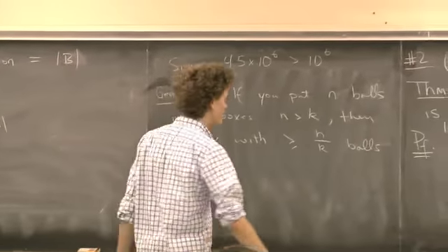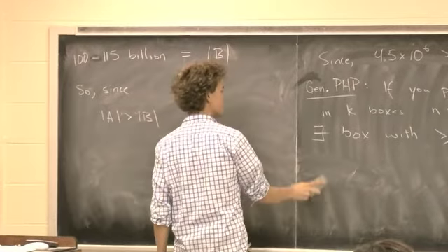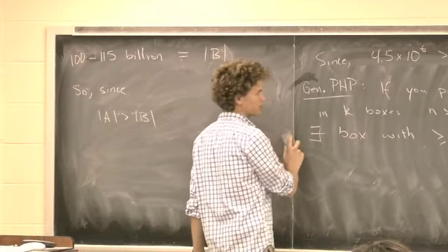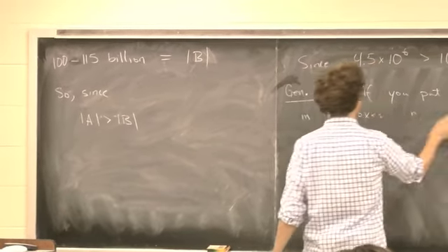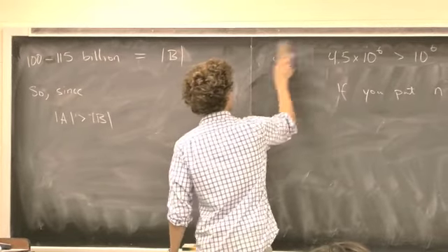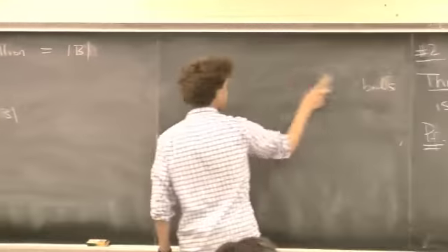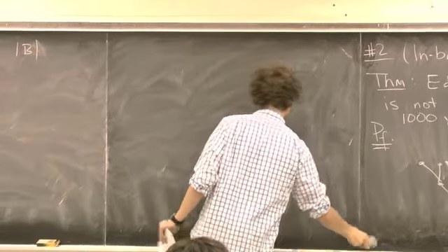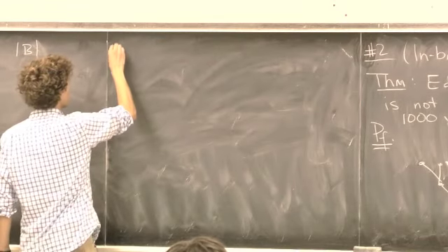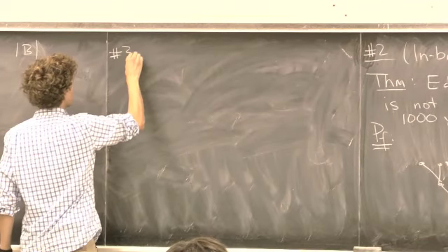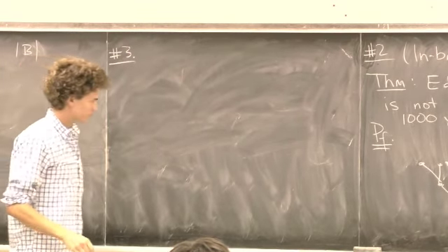Okay, so these were sort of silly and fun. Well, maybe not that fun. Maybe silly and disturbing. So let's get serious. I promised you 3 implications of the pigeonhole principle. So, number 3.